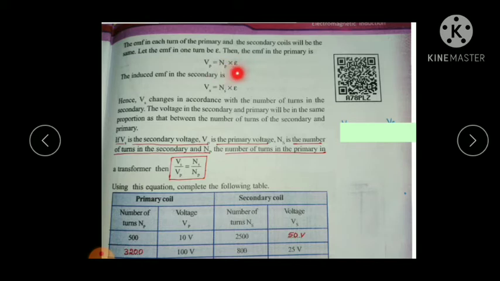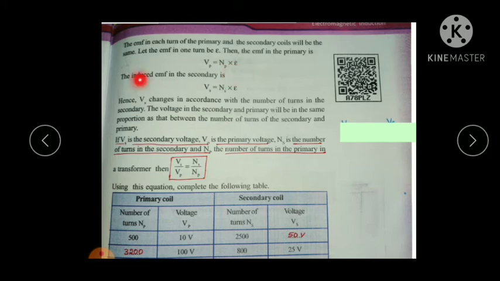On multiplying the number of turns and E, we get the voltage in the primary. So Vp, the voltage in the primary, is equal to the number of turns in the primary into the EMF in one turn.